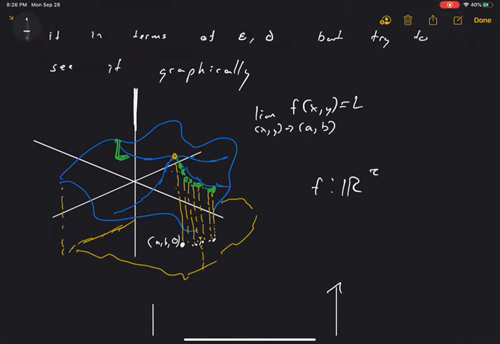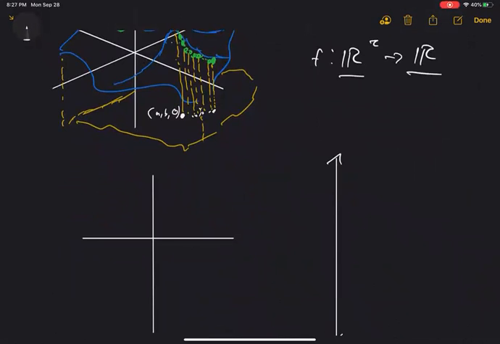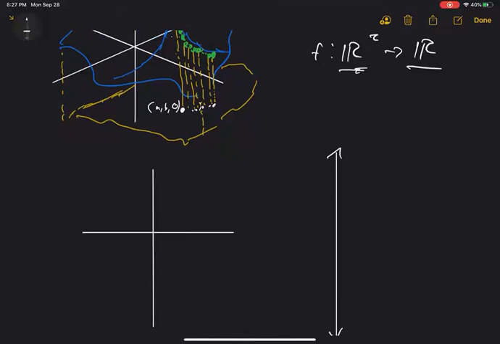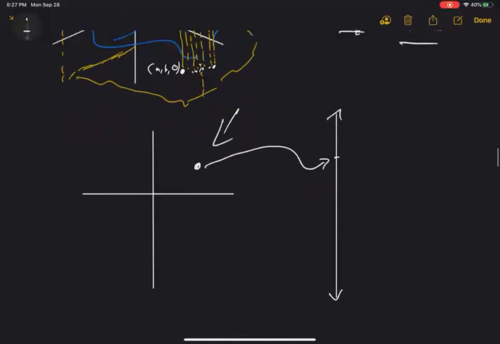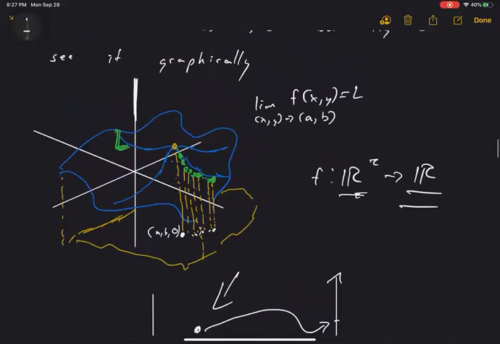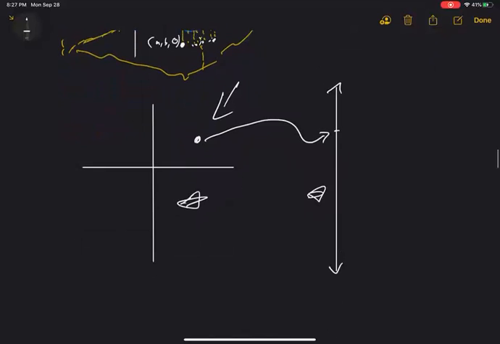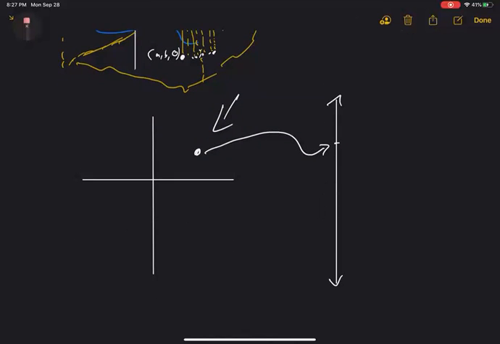We have this R2 to R. We could break the graph down into pieces where we picture the inputs in the XY plane, just this flat plane, and my function pairs points in here with values on my number line, just R. If I put this horizontal plane and this number line together, I get this three-dimensional space, but we could also decompose it in our mind to this thing.